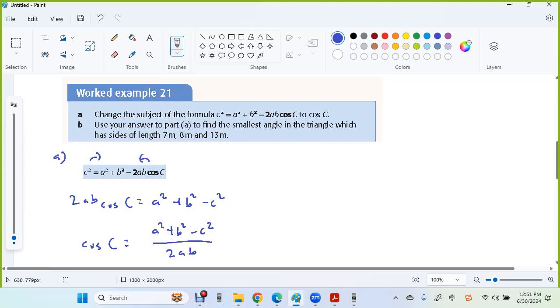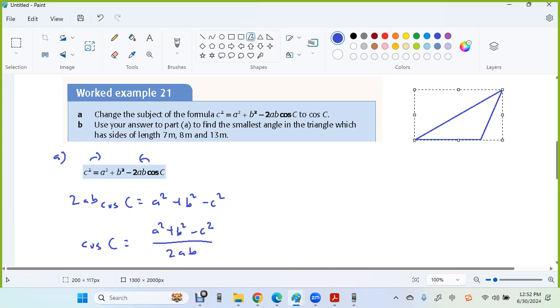Using your answer, find the smaller angle in the triangle with sides 7, 8, 13.